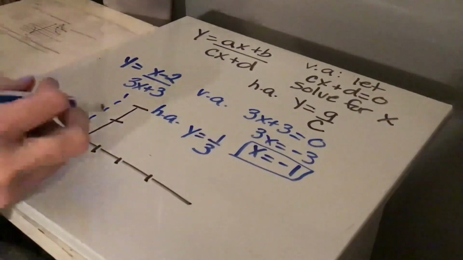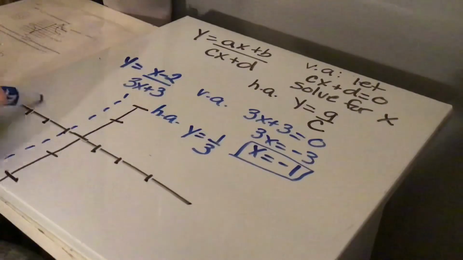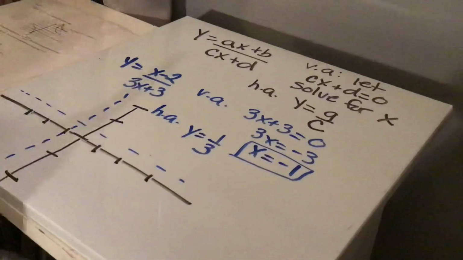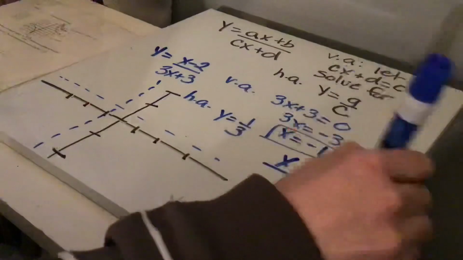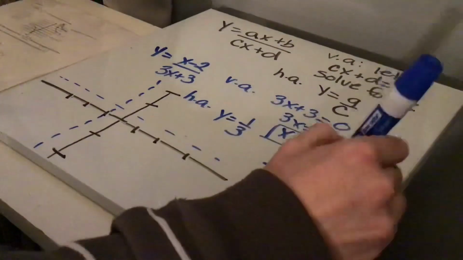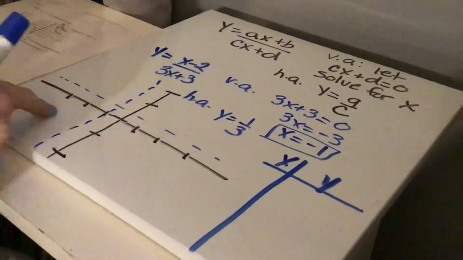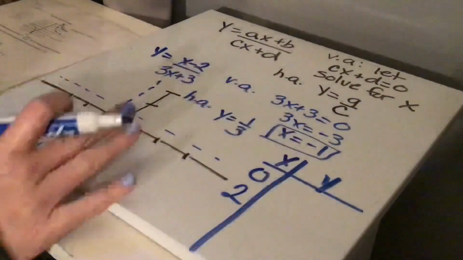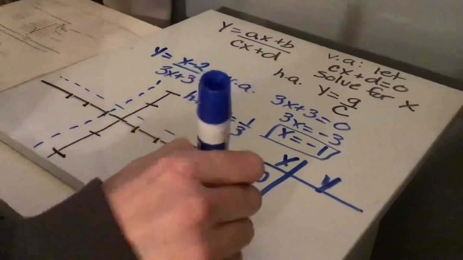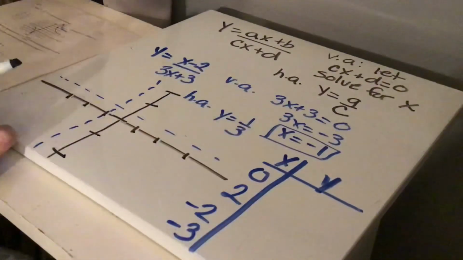And y equals 1/3 would be right about here. Okay, then make your table. Right, couple of x values, find corresponding y values. So I want a couple x here, a couple x here. So I picked 0 and 2 on this side, negative 2 and negative 3 on this side.